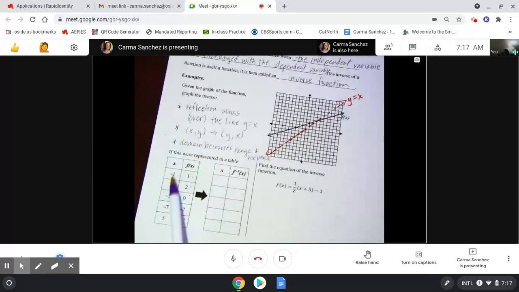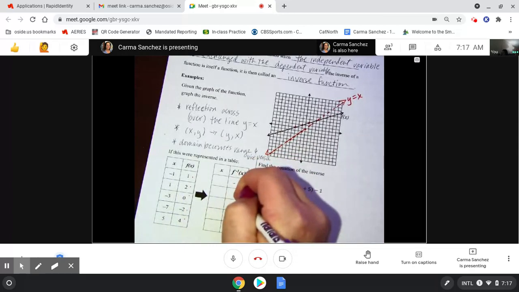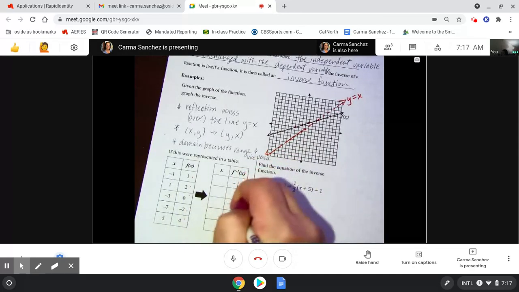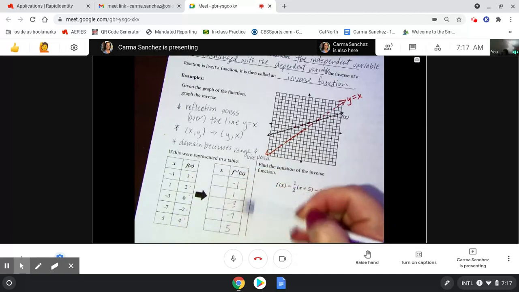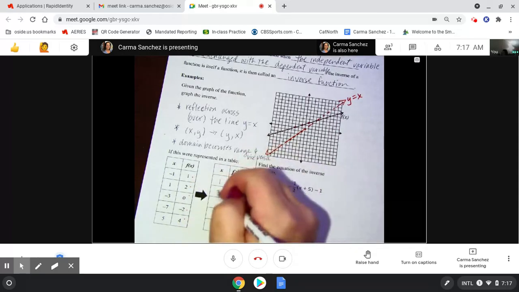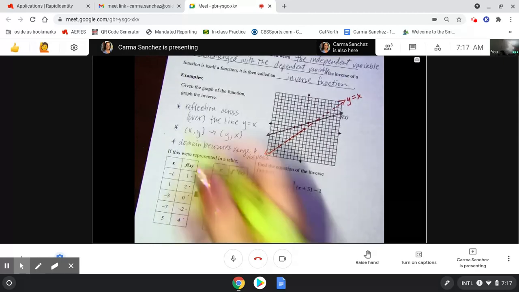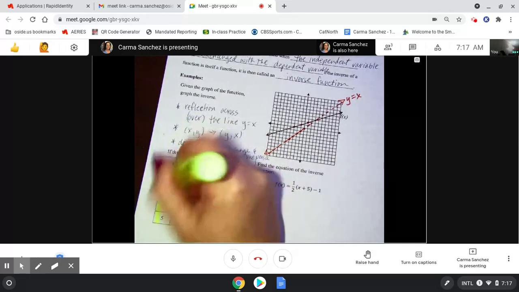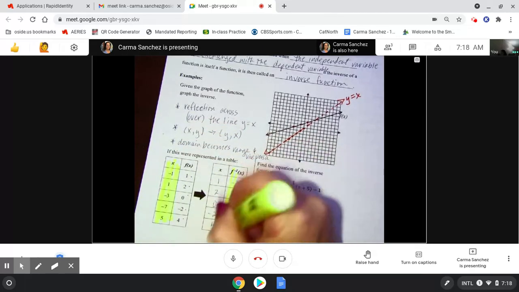So taking all of these x values, they now become the y values. I just took the x's and those became the y's, or the outputs. Then I'm going to take all the outputs from before and make them the inputs. So just to be clear, the x values become the y values.